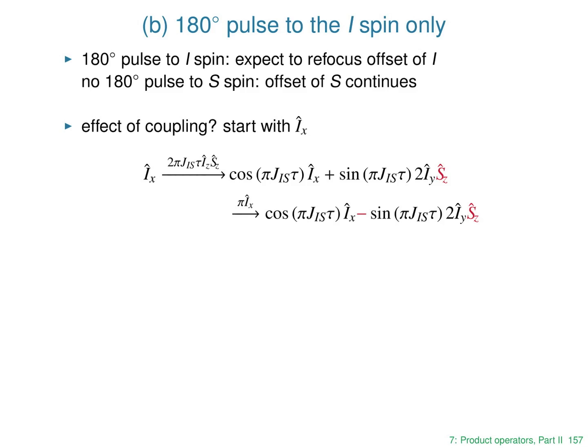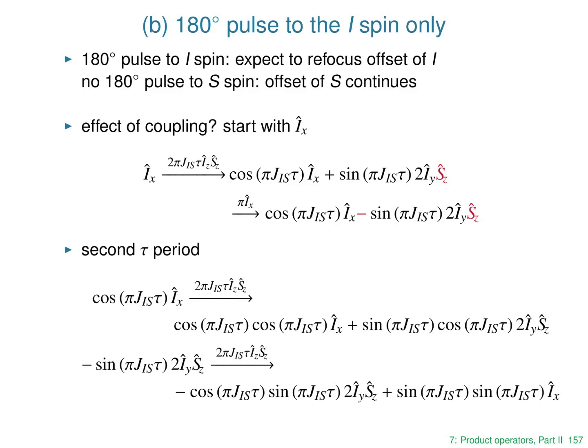But the term IY is affected because if you rotate the Y by 180 degrees about X, it changes sign. So this is different to the homonuclear case because the pulse is only affecting the I spin.